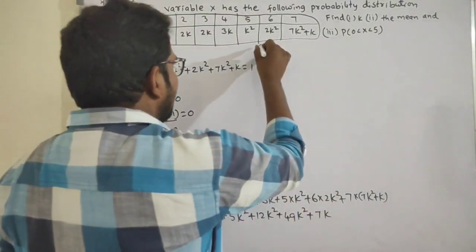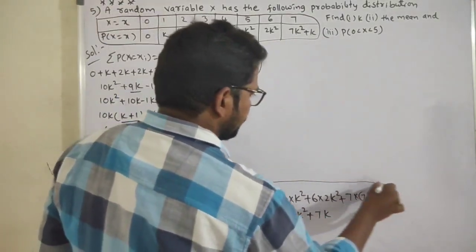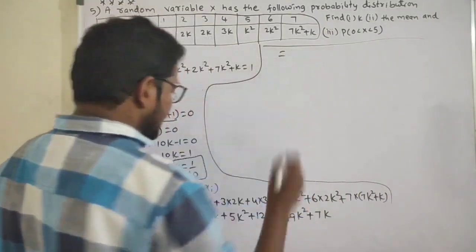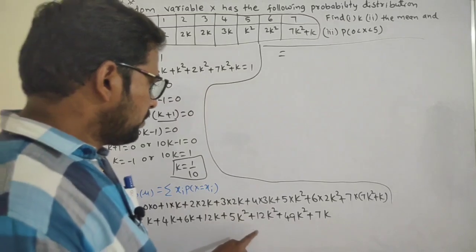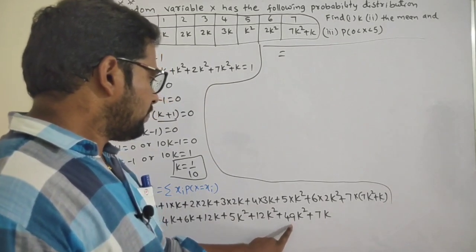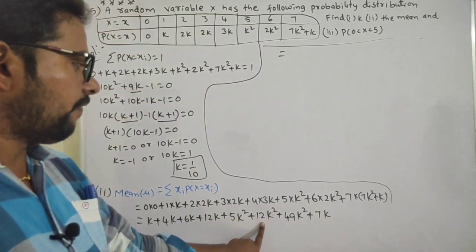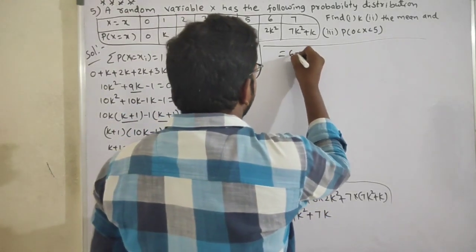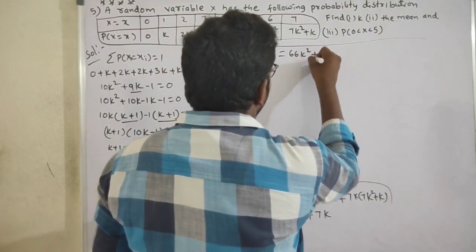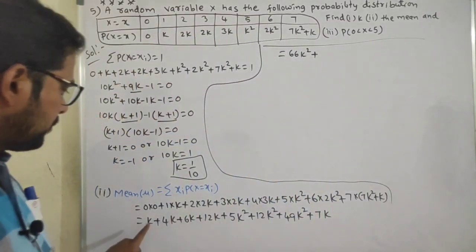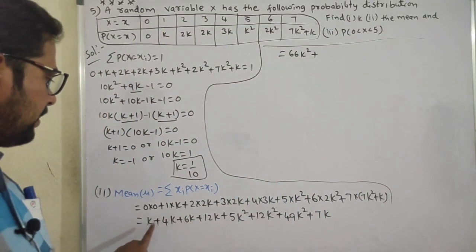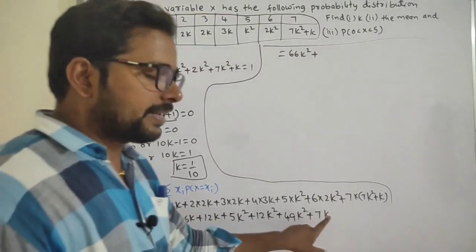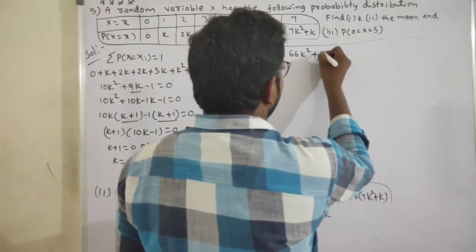Now add like terms. First add the k square terms: 49k square plus 12, 61, plus 5, 66k square, plus k terms: 4k plus 6k is 10k, 11k, 11 plus 12 is 23k, 23k plus 7k is 30k.